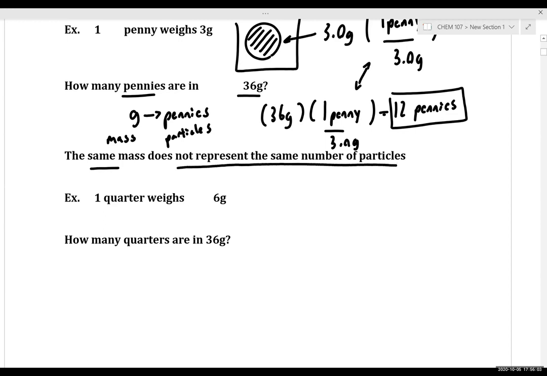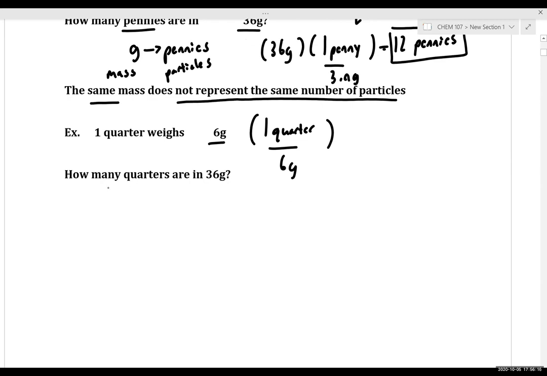Now, it's equally important to acknowledge that the same mass does not represent necessarily the same number of particles. So if a quarter weighs 6 grams, I know I have 1 quarter for every 6 grams of quarters, right? So then, if I wanted to calculate how many quarters are in 36 grams, would someone like to take a guess? How many quarters are in 36 grams?